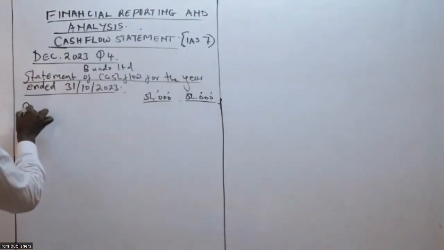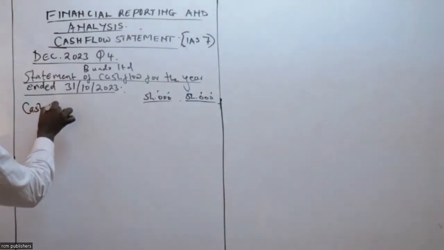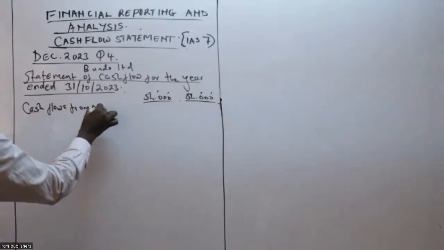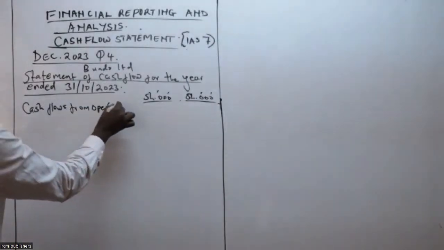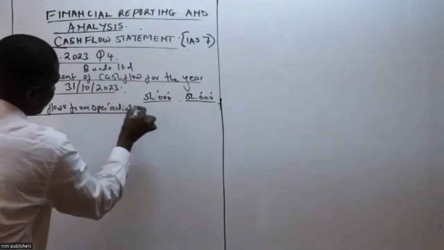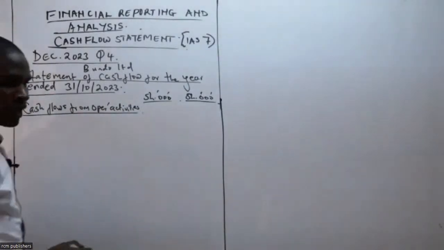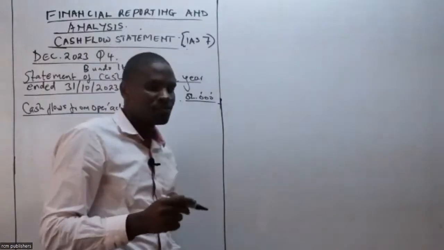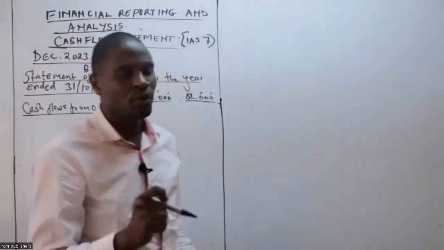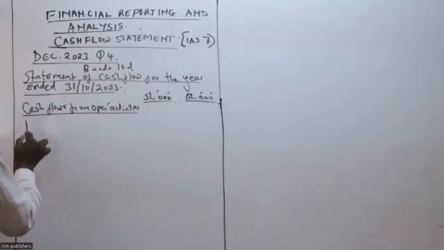So the first thing is the cash flows from operating activities. And then under cash flow from operating activity, if you can clearly remember what we had learned from the format, we start with the profit before tax.